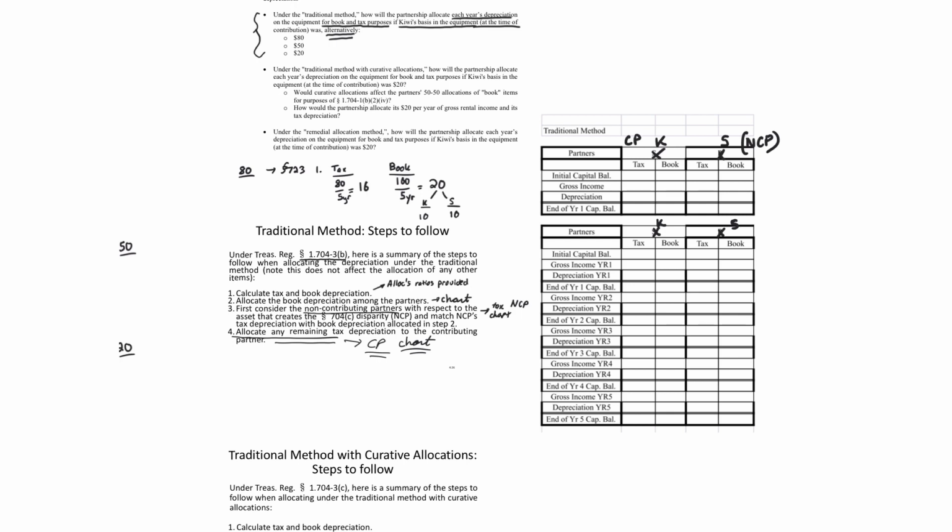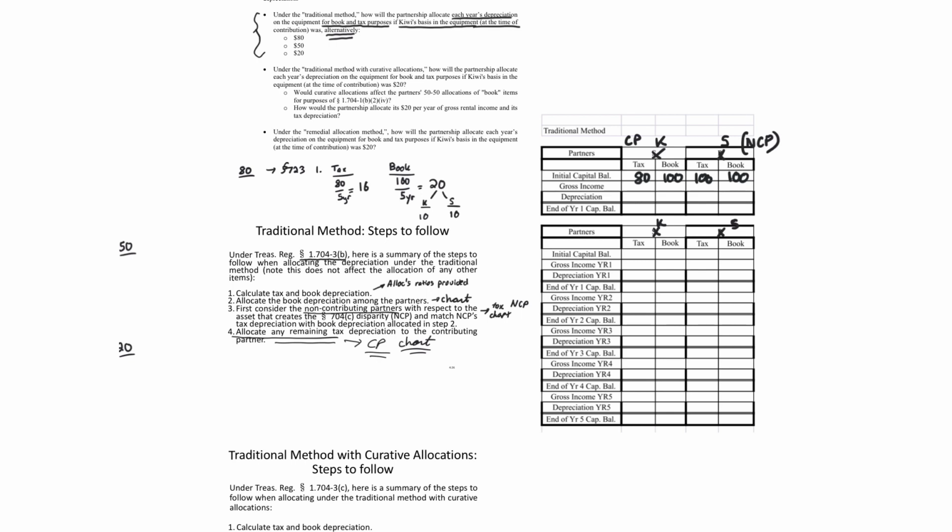Okay. So the initial capital account balances are looking at when they contributed their money, right? Strawberry contributed cash, $100, so that's going to be $100, $100. Kiwi contributed property, equipment, with a $100 book amount and an $80 basis. So that is Kiwi's tax capital amount.